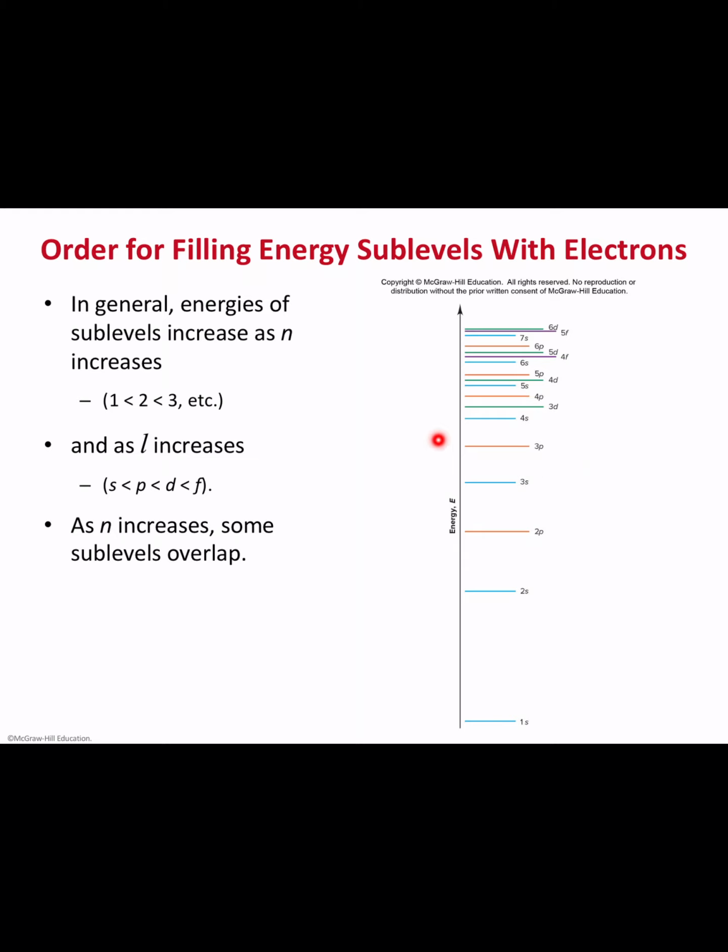It says here, as n increases, some sublevels overlap. We would expect 3s, 3p, and then 3d, but now you see 4s right there between 3p and 3d. Again, that's due to penetration. So we will see some overlap as we increase the principal quantum number. Okay.